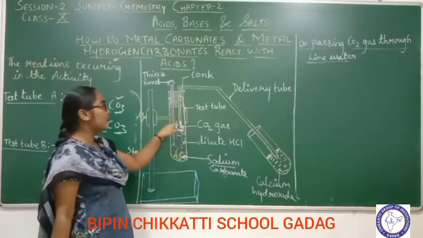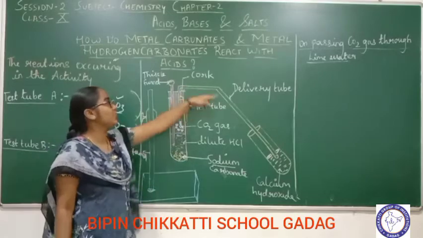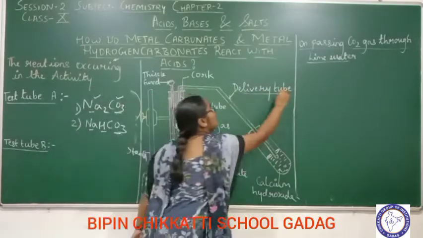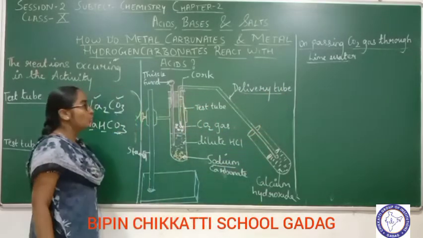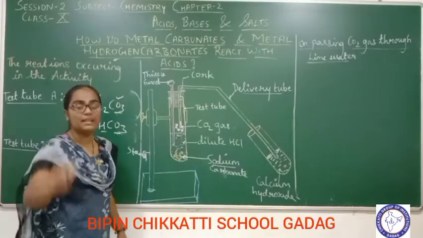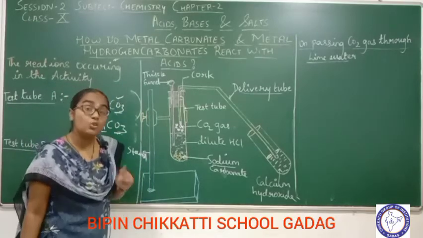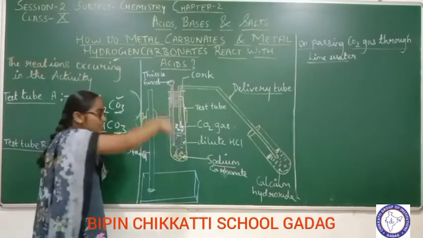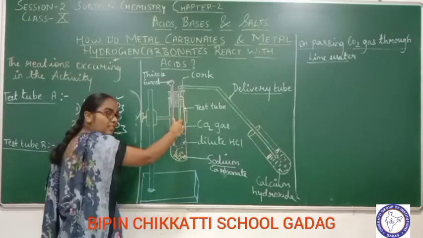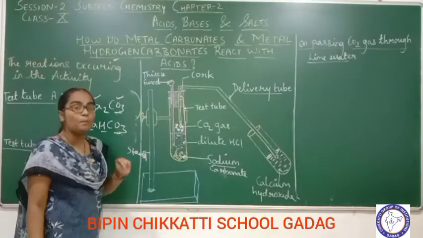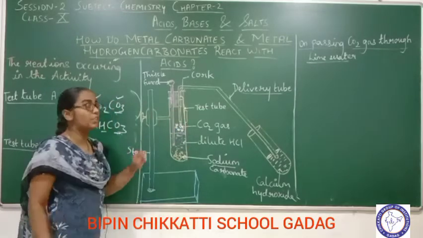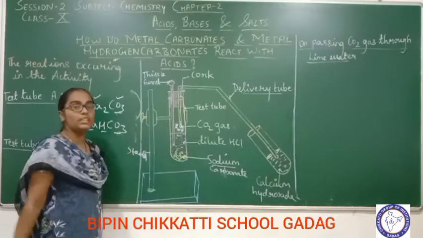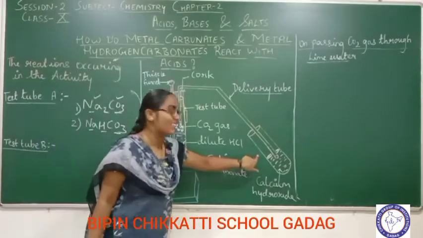Then the second tube is called the delivery tube. The delivery tube has two openings. One opening end is inserted into the test tube, you can see over here, and the other end of the tube is inserted into another test tube.